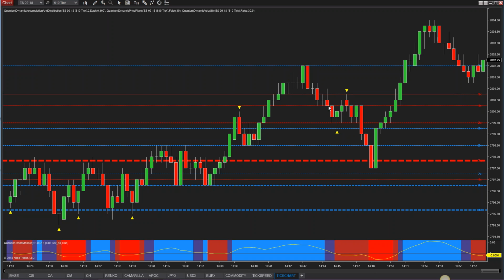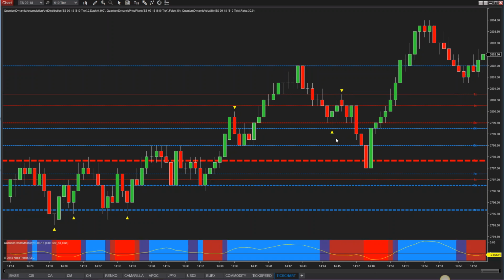So you've got the trend monitor at the bottom. I've got this very simple, you've got the accumulation distribution, and you've just got the pivots on here as well. So it's a very simple chart for trading. And of course, you use the indicator exactly the same way as we do with everything else. You would use multiple time frames, and the same would apply to tick charts.